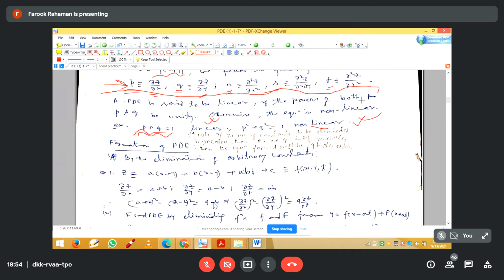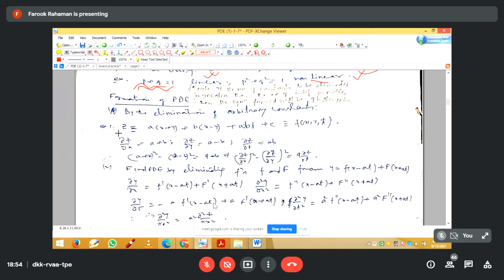Now, how do we form a partial differential equation from a given function? Suppose the given function is z equal to a into x plus y, b into x minus y, ab into t plus c, where x, y, z are independent variables, and a, b, and c are constant parameters.